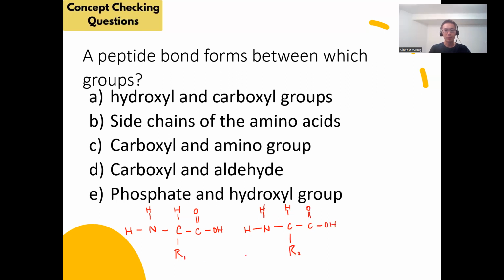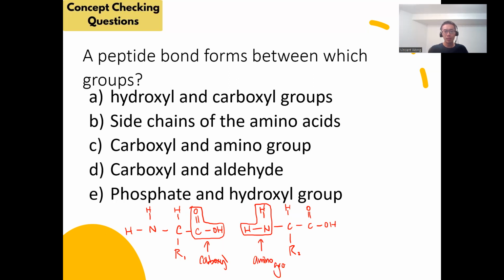So the R is the side chain, and that's the only thing that is different between each of the amino acids. And this group right here, that is called the carboxyl group. Okay? And over here we have an amino group. I'm just gonna circle it on the other one here.